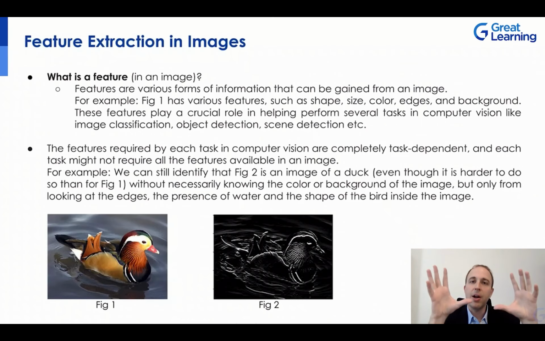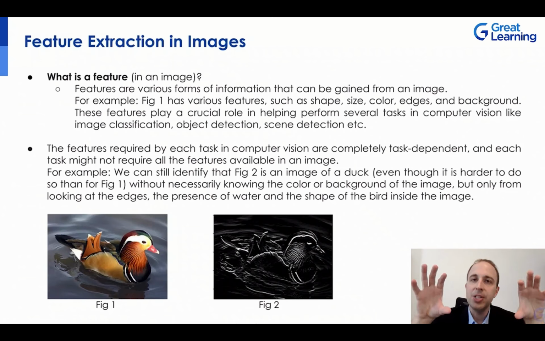We might get caught up in these differences. But if we just look at the contours and the outlines and say, oh, look, this has a curved head, this one also has a curved head, so these maybe are images of the same thing. So by doing feature extraction, we just look at the simple, most important aspects of an image, and it makes it much easier to compare different kinds of images together.